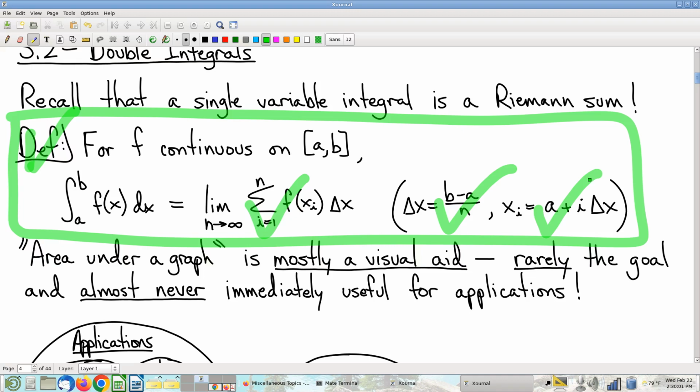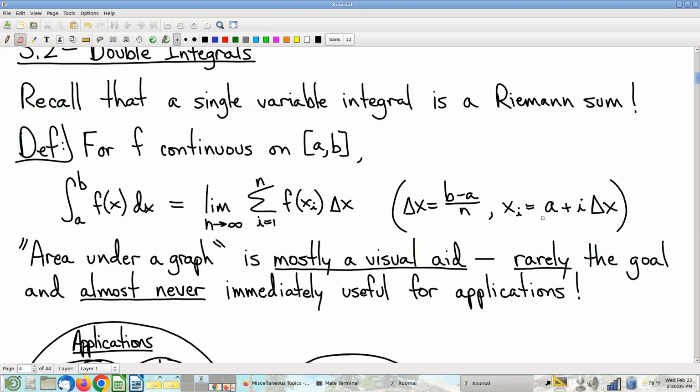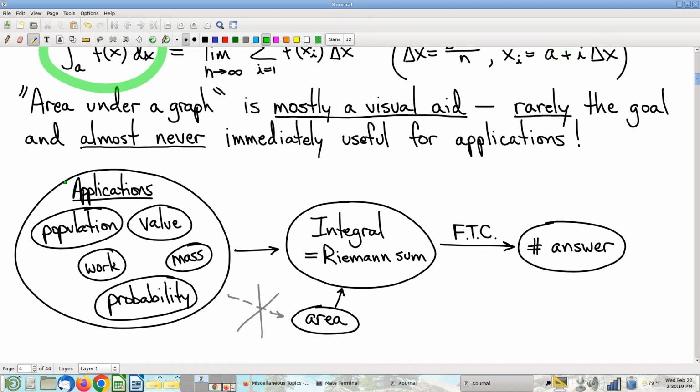I emphasize, though, a lot of students view this as sort of an alternative, but you know what? Frankly, it's just much easier and better to think of integrals as being area under a graph, and this is a problem. Let me show you why. Here's a diagram representing the relevant objects.